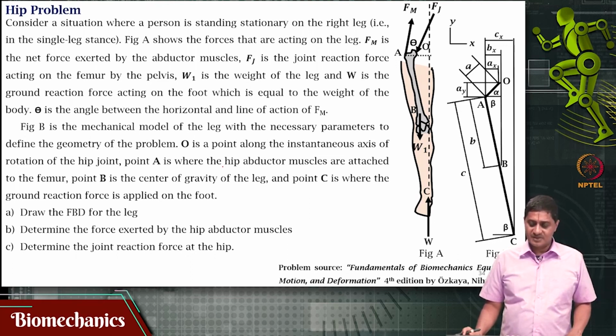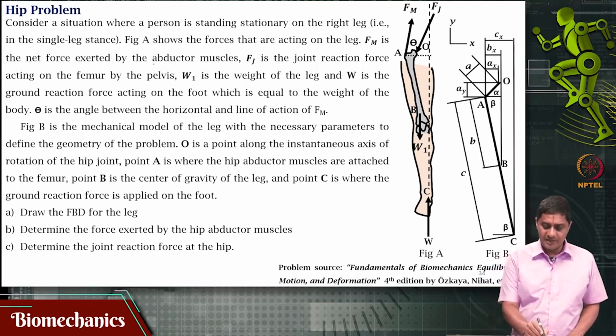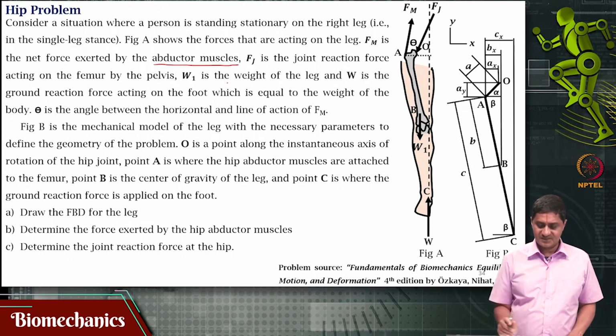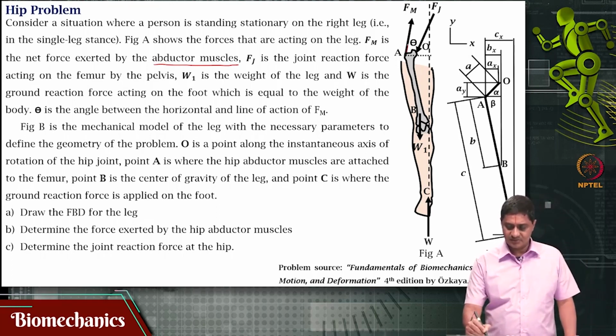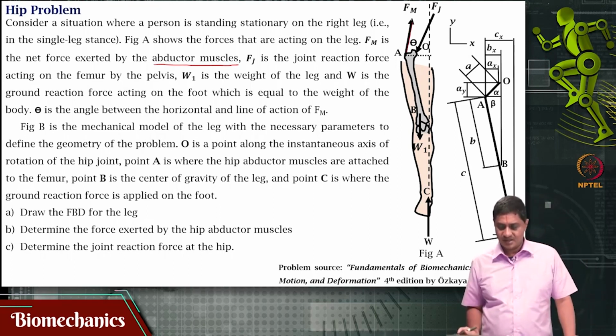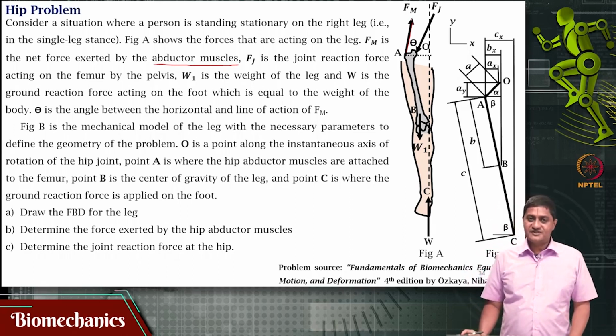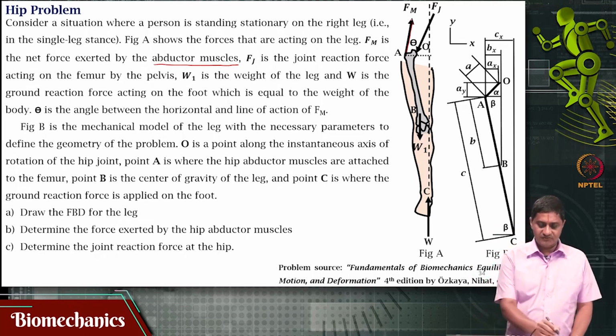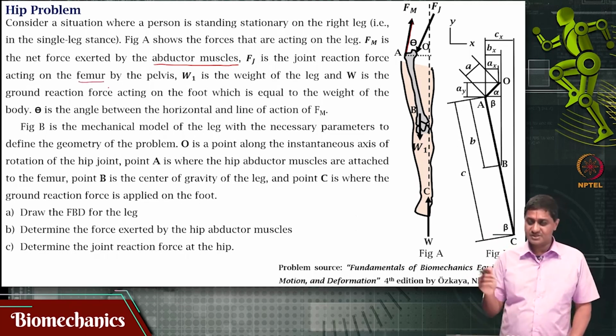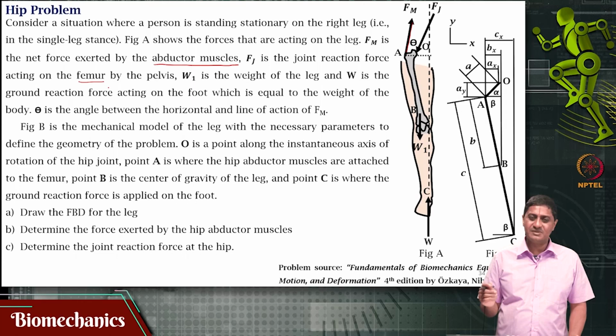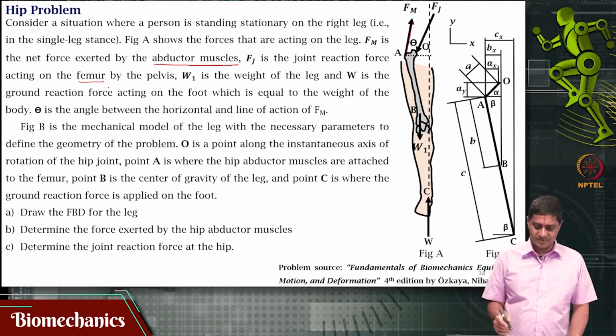Capital F suffix M is the net force exerted by the abductor muscles. Capital F suffix J is the joint reaction force acting on the femur, the force that is exerted by the pelvis on the femur.